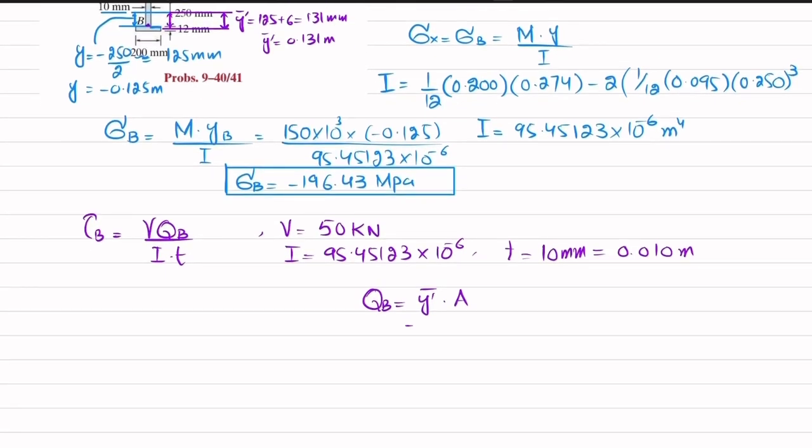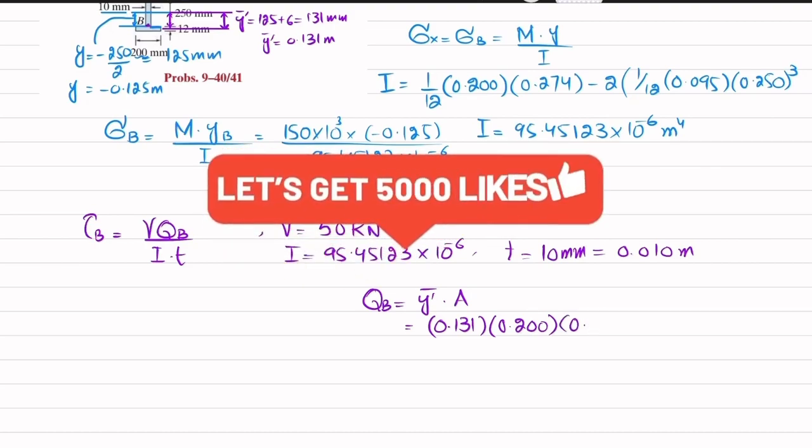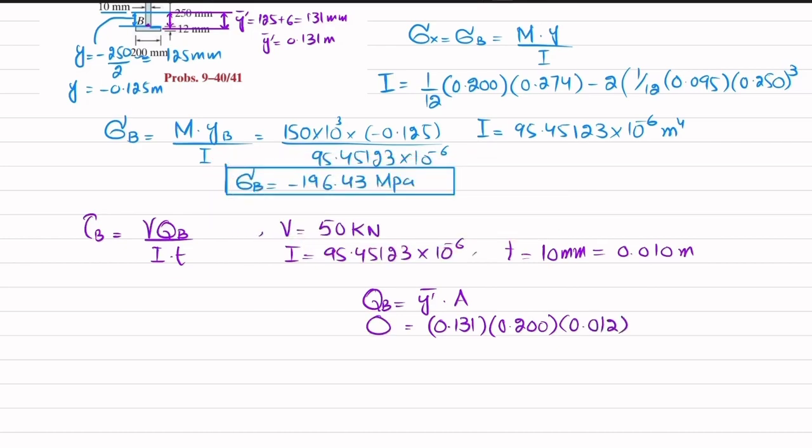So I will write Y dash bar is 0.131 meter and A is 0.200 into thickness 0.012. That is equal to QB. And when you solve this, this will be equal to 0.3144 into 10 raised to power minus 3 cubic meter.